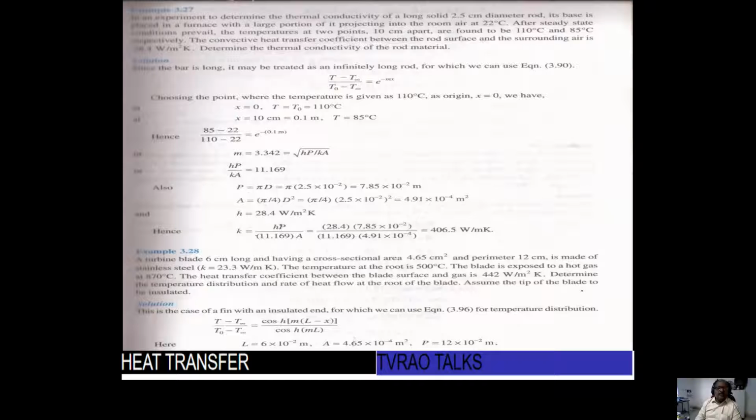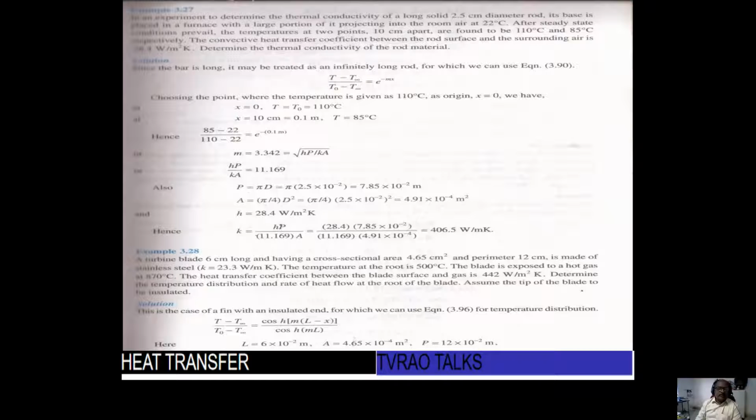He has given atmospheric temperature, he has given base temperature, and temperature in between the fin also he has given. He is asking to find out what is the value of K. Okay. So in the temperature distribution equation, if you substitute all the temperature values, you can find out the m value.